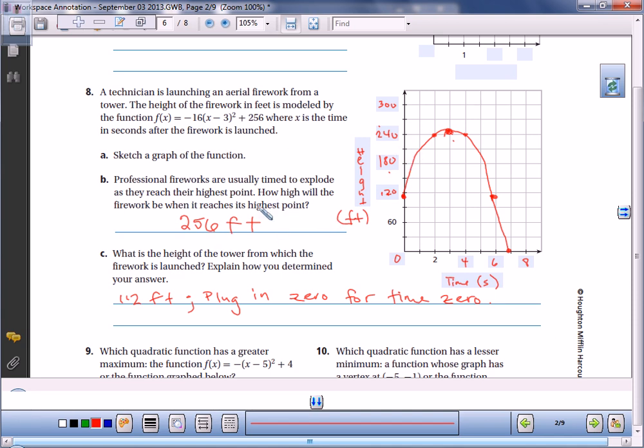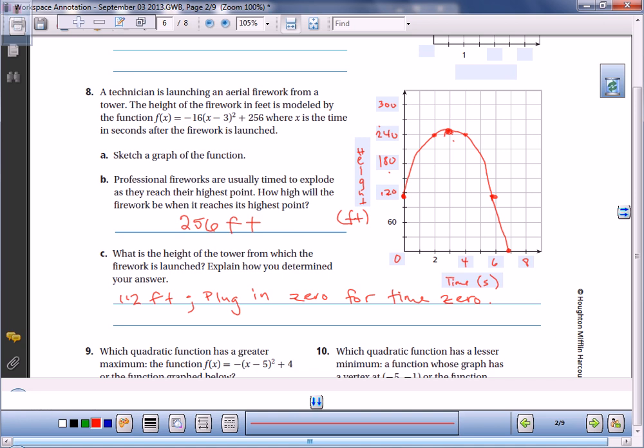So for B, how high will the firework be when it reaches its highest point? Well, if something can be modeled with a quadratic function, then the vertex of that quadratic function will either be the max or min. If it's a quadratic that opens down, that vertex will always be the maximum point.